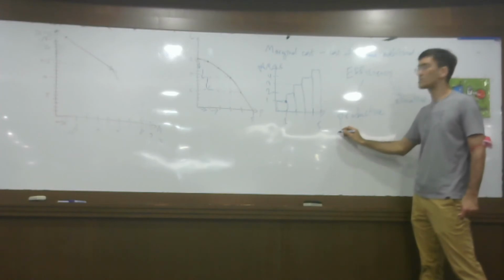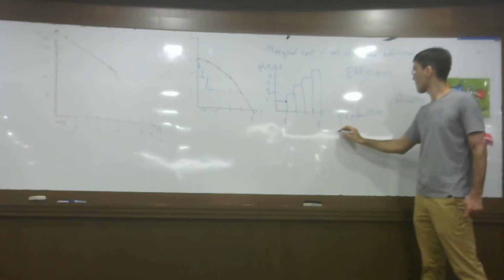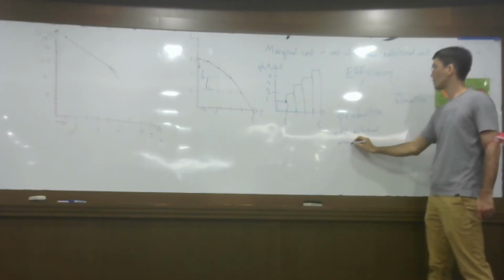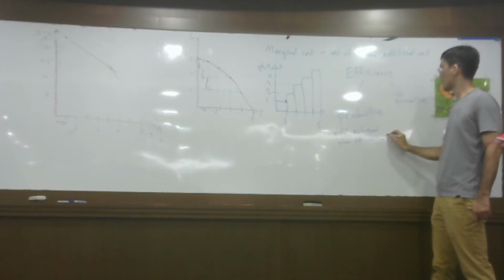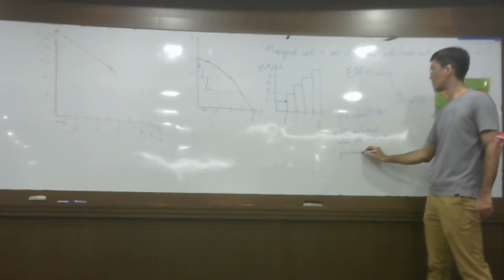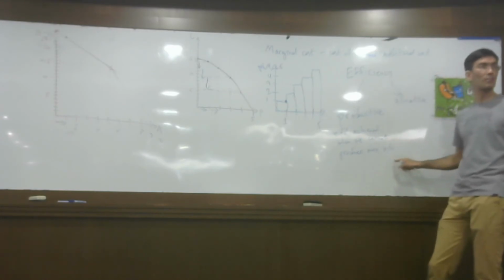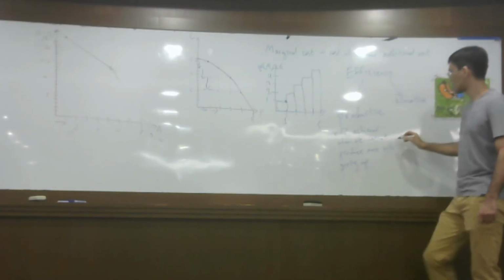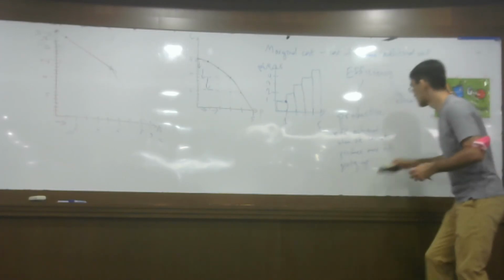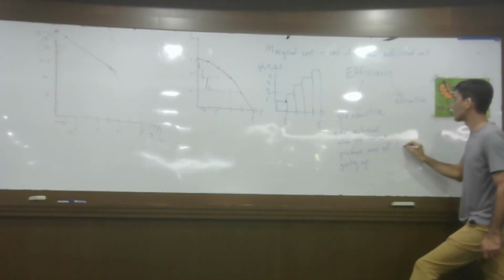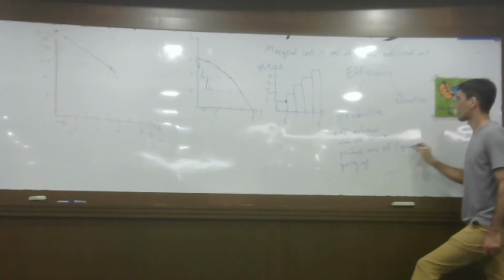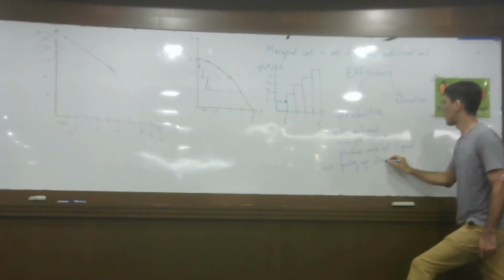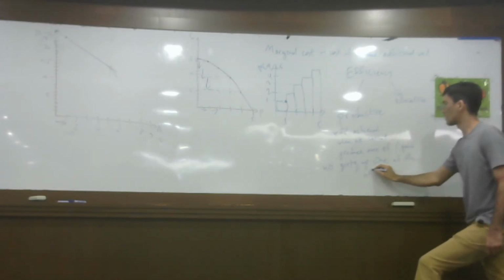Productive efficiency is achieved when we cannot produce more of one good without giving up some of the other good.